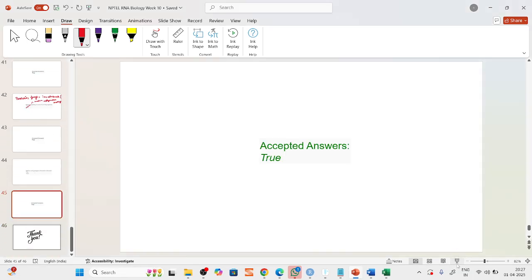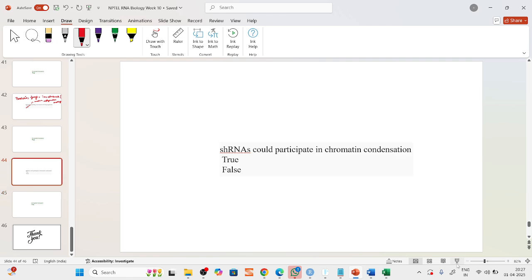So the correct answer is true that shRNA participates in chromatin condensation. How does shRNA participate in chromatin condensation? Basically, shRNA leads to the formation of heterochromatin structures through histone modifications and DNA methylation, which contributes to ultimately gene silencing.